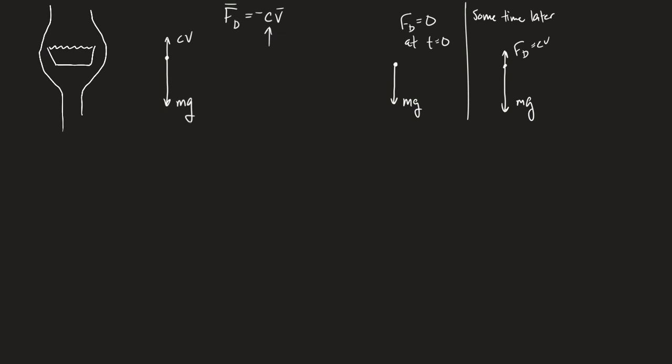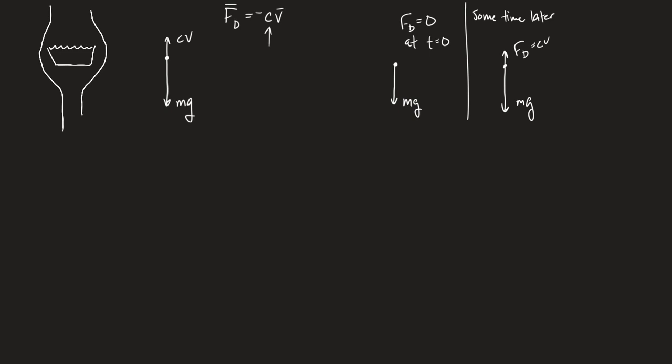Not much, but some. It's still accelerating downwards though, which means it's still getting faster. And because it's getting faster, the drag force is also getting larger. But it's still accelerating downwards, so it's still getting faster, and the drag force will keep growing.